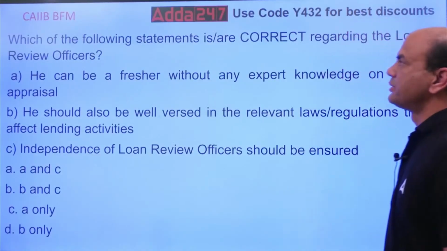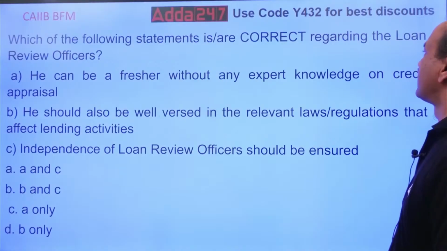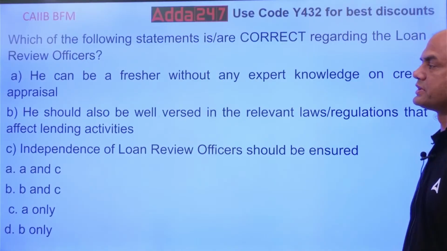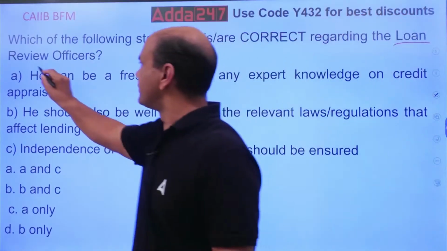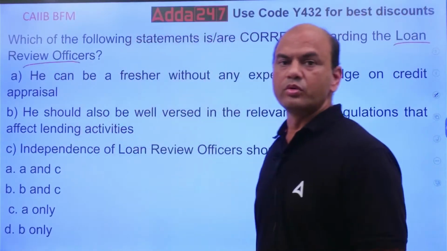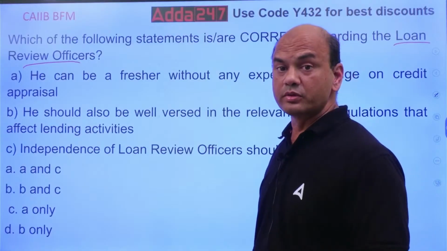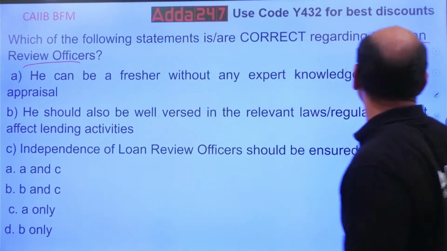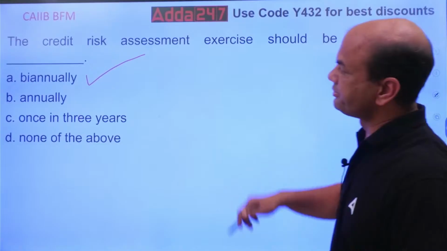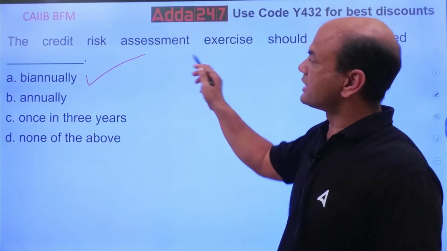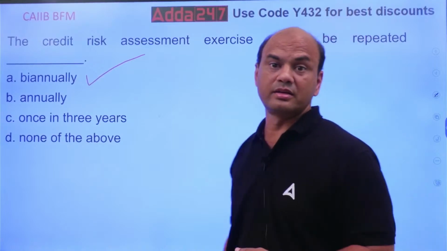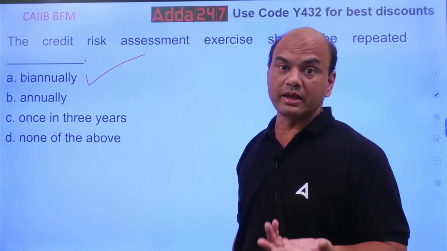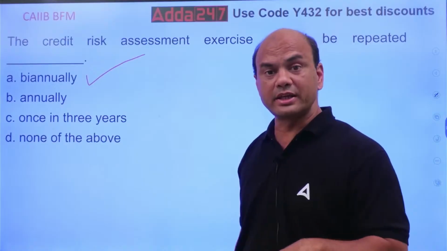Which of the following statements is or are correct regarding the loan review officers? Who does the review of the loan? Now, one more point about the earlier question. This credit risk assessment is done biannually, but some of you might think we mean the credit rating has to be done biannually.